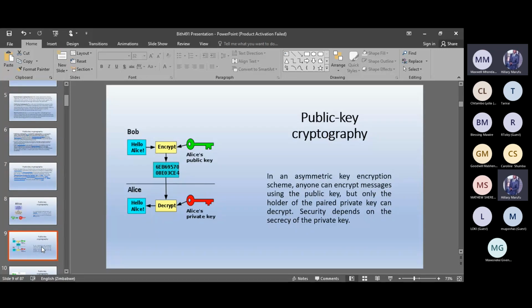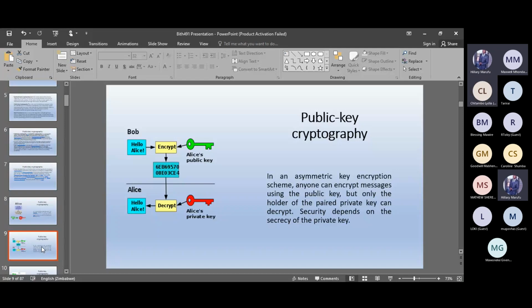If everyone knows the public key, the only key that will be able to unlock that would be Alice's private key, of which the Alice private key is the one that is private. So in this case, it's secure because if I encrypt with Alice's public key, Alice is going to use their private key to decrypt that message that is sent.